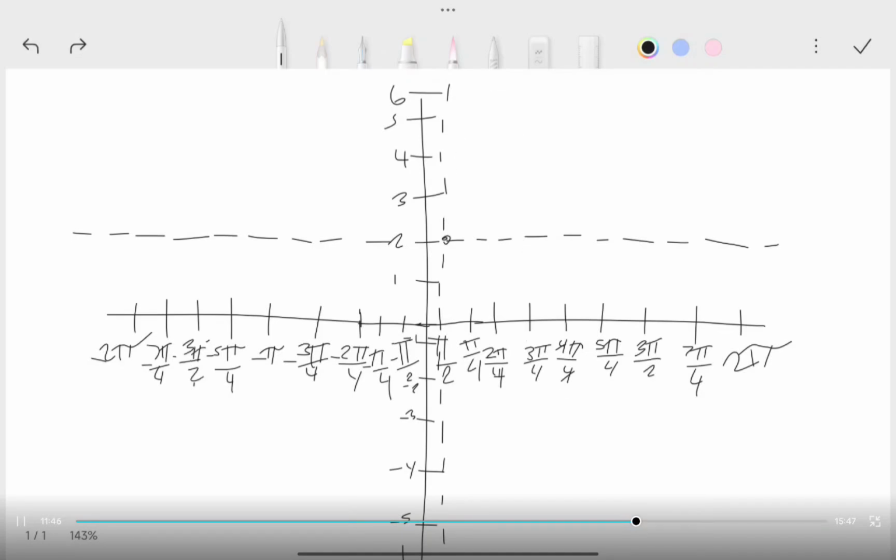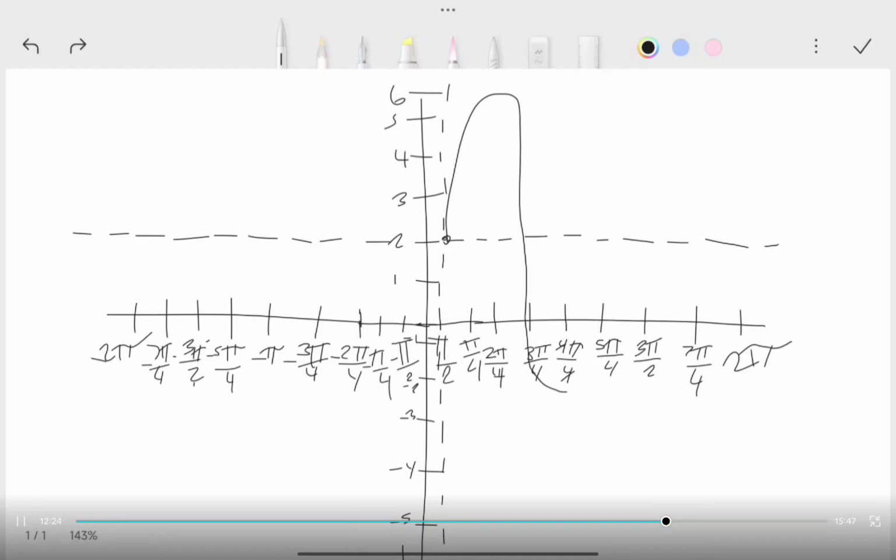So next is the graph. Let's start at positive 2, go to 3 pi over 4 into the negative 2, which is the minimum, and our maximum is positive 2.